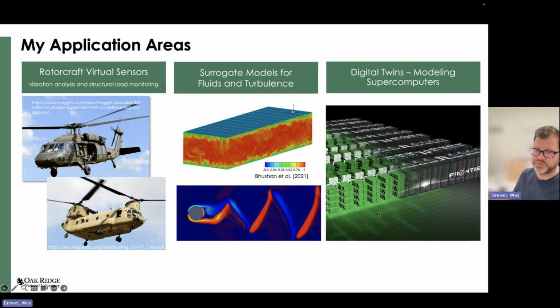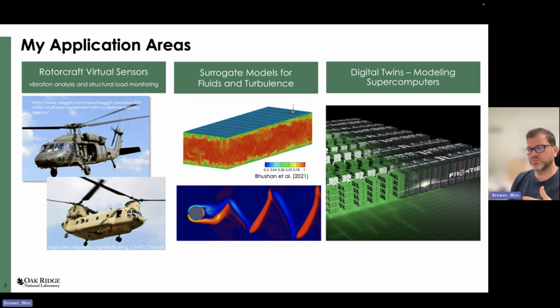For the digital twins, we have different types of models. So we have a job scheduler that's feeding inputs into a power consumption model, which then feeds into a thermofluids model.